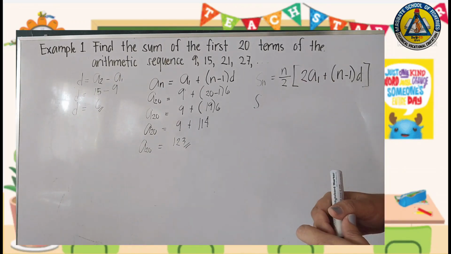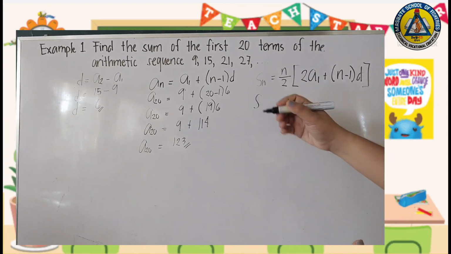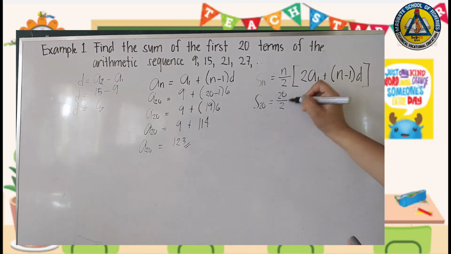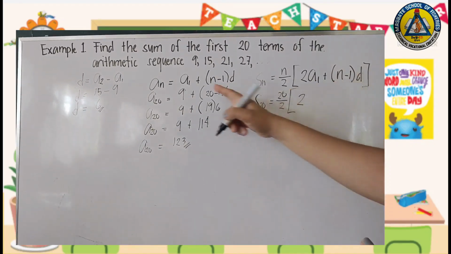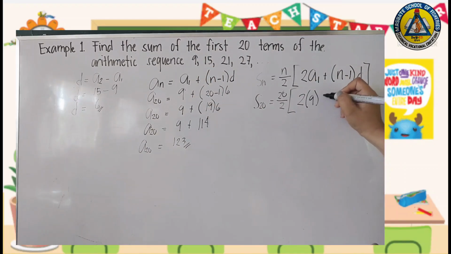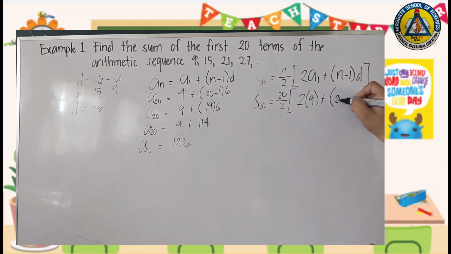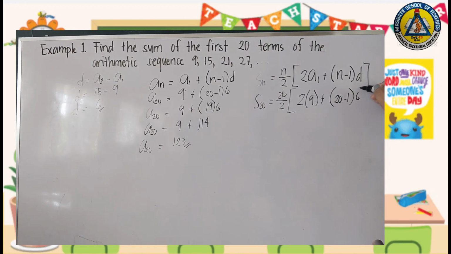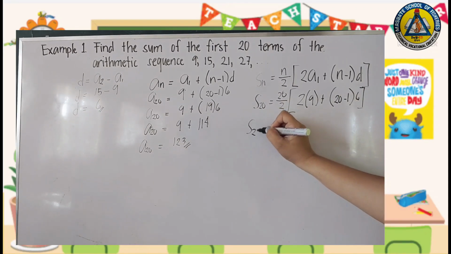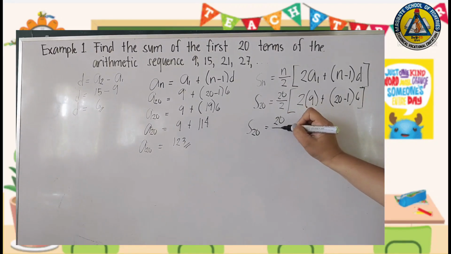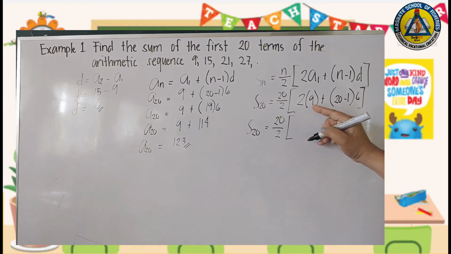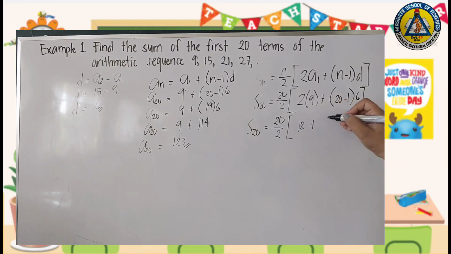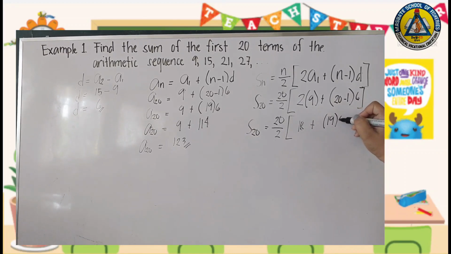Substituting the values of n, a sub 1, and the common difference, we have S sub 20 equals 20 over 2 times 2a sub 1, which is 9, plus n is 20 minus 1 times the common difference, which is 6. S sub 20 is equal to 20 over 2 times 2 times 9, which is 18, plus 20 minus 1, which is 19, times 6.